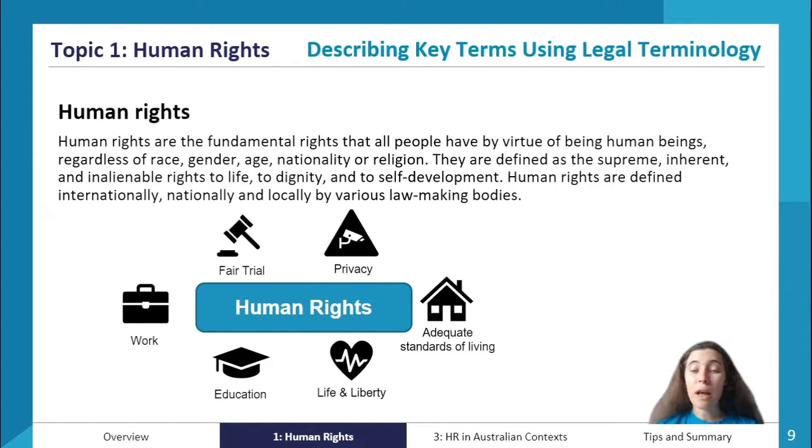Things like a fair trial, privacy, adequate standards of living, life and liberty, education and work are all our fundamental human rights. And we'll have a look soon as well at the different types of rights in terms of express and implied rights. But these are those fundamental human rights that are express and that everyone has in Australia.